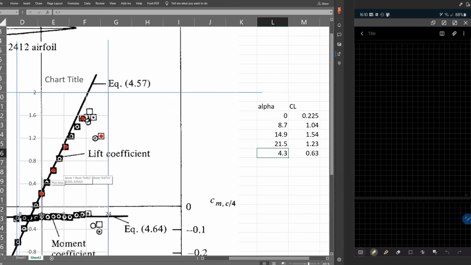If you do not have numerical data, it is the only way you can transform this data. Okay, and one more point, just to be sure you understood, I will choose here, this was our 8.7 angle of attack, and I will take this next point here. How much can it be? Around 10 degrees, right?